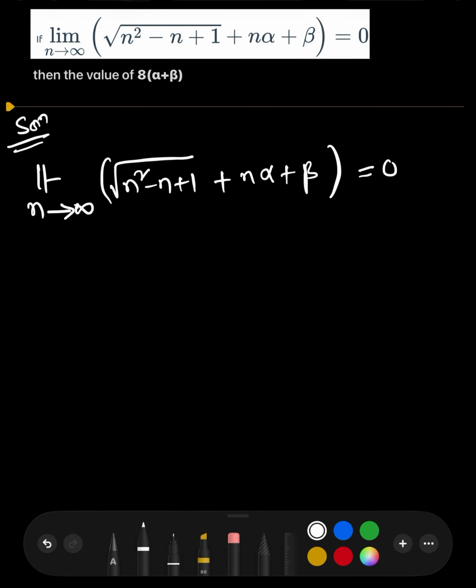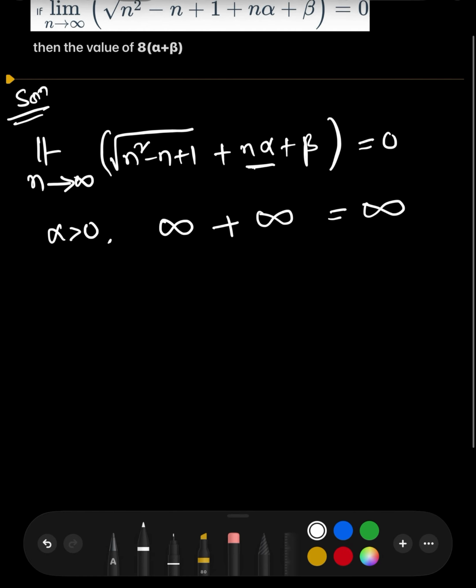Now first suppose alpha is greater than 0. Then it becomes a positive n, so the limit value will become infinity plus infinity, that is nothing but infinity, which is not an indeterminate form, so we can't solve further.